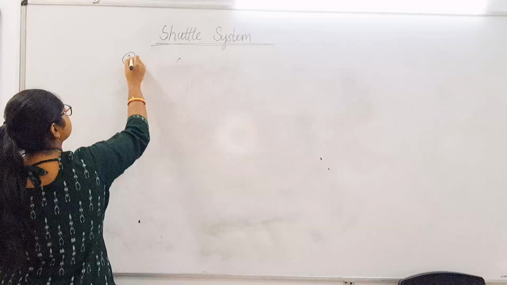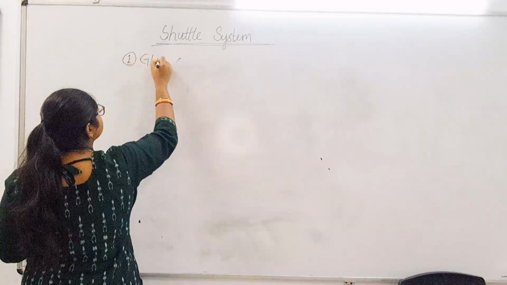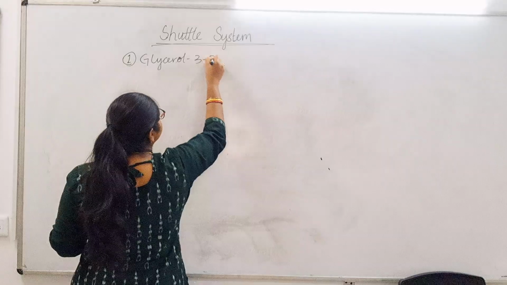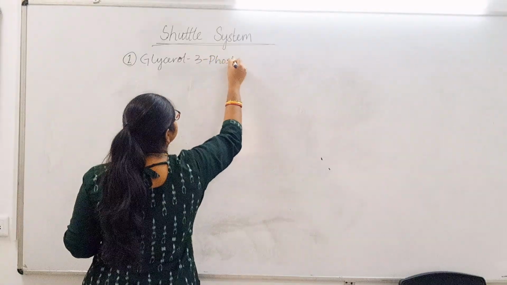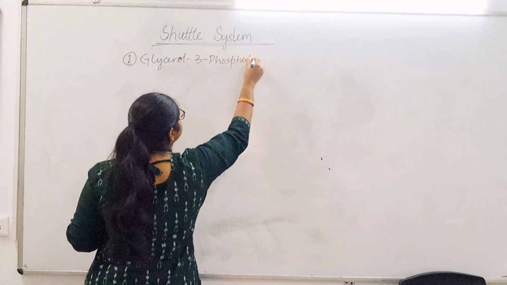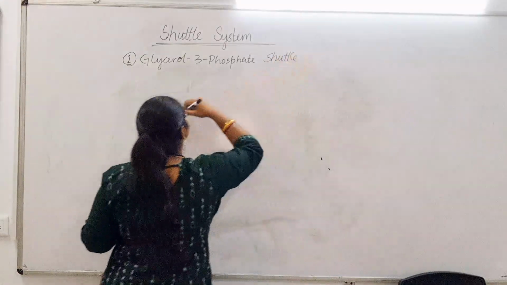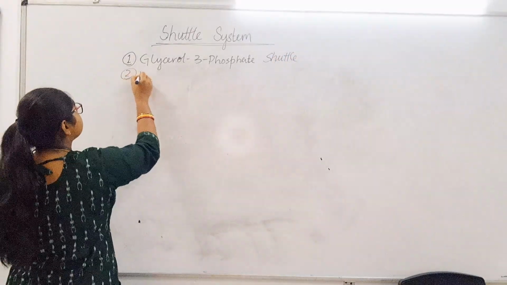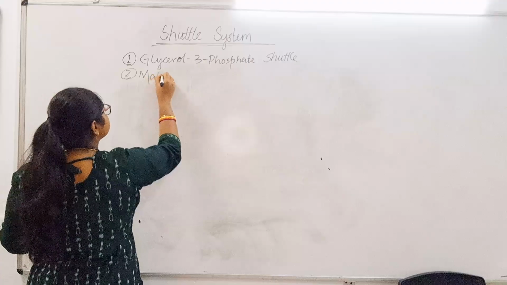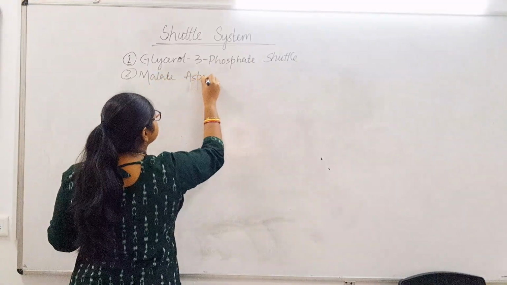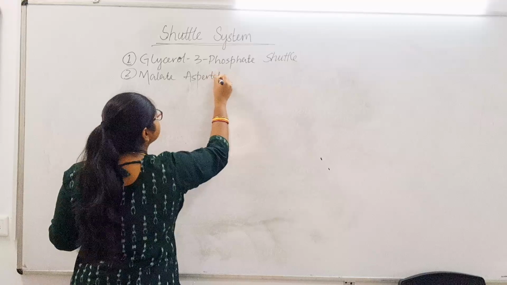First is the glycerol 3-phosphate shuttle system, and the second one is the malate aspartate shuttle.